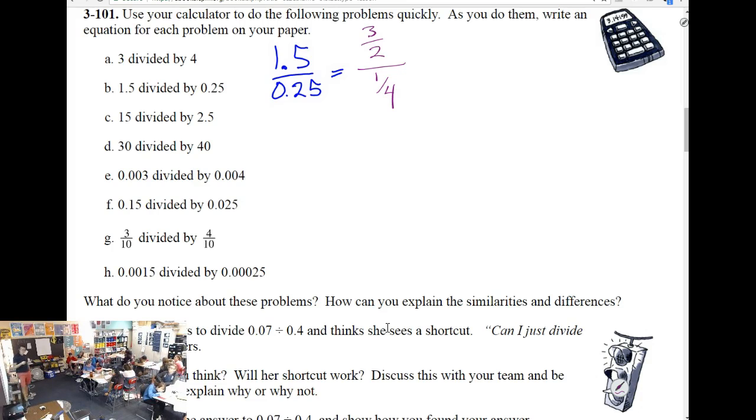Connor? 4 over 1. Yeah, times 4 over 1. So this becomes 12 over 2 over 1. So 12 over 2 is 6.